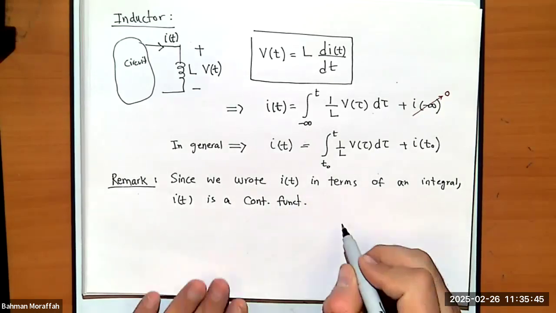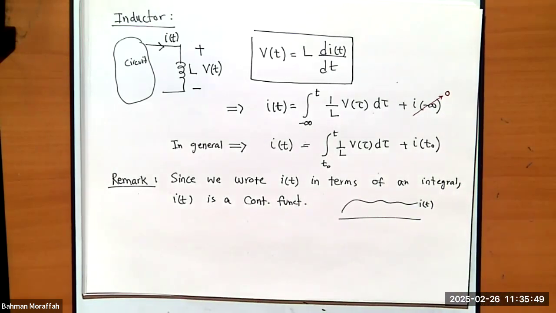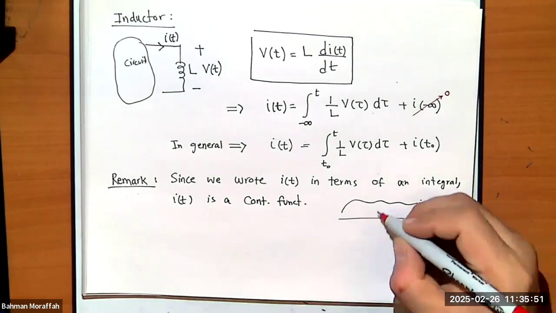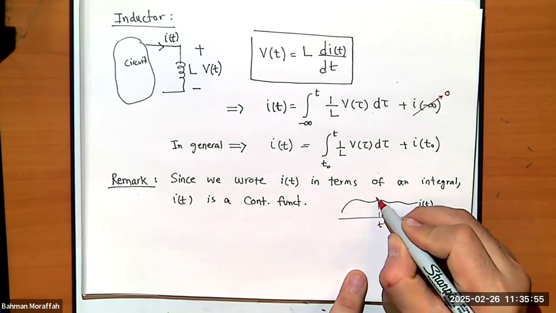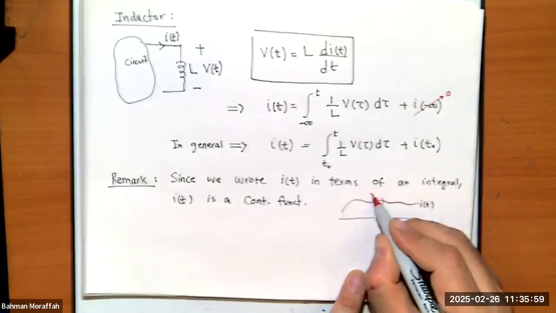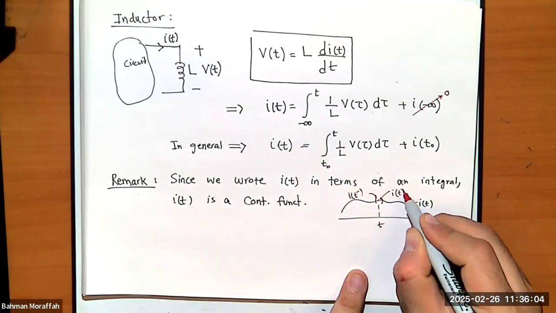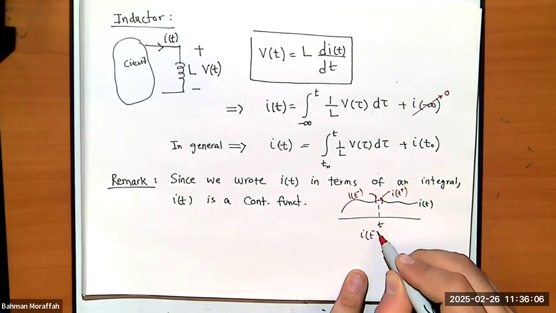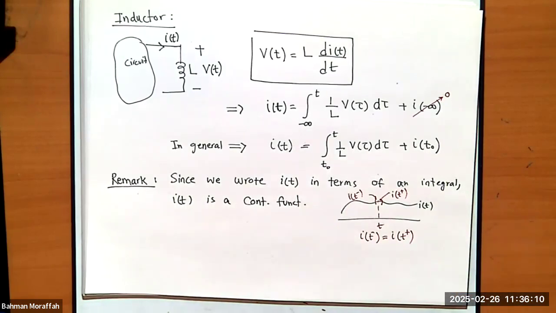Again, if I look at the current through the inductor, if this is the graph for it, and I look at any given time t, a little bit before this t and a little bit after this t, and call them I negative and I positive, I negative must be the same as I positive. What it means is that there is not going to be any jump in the current.